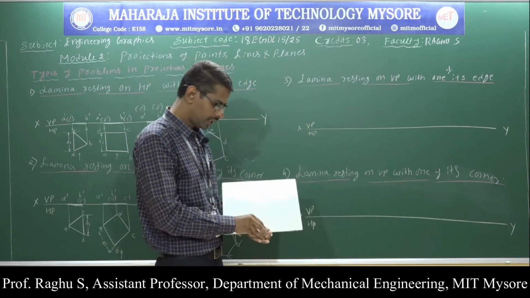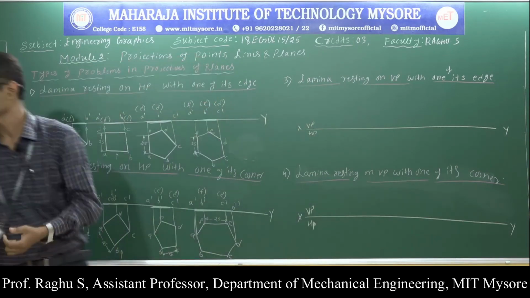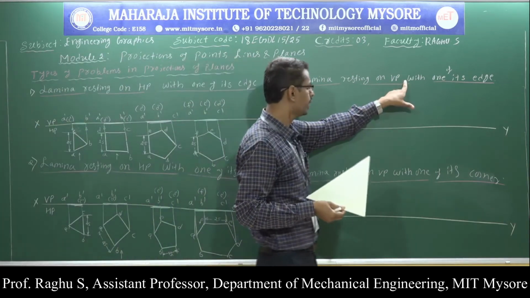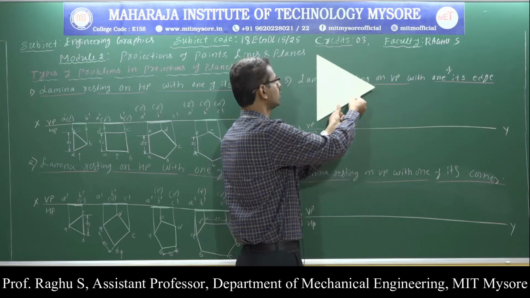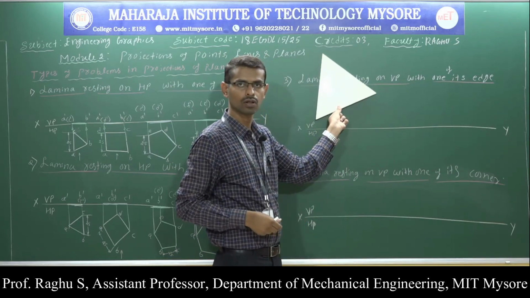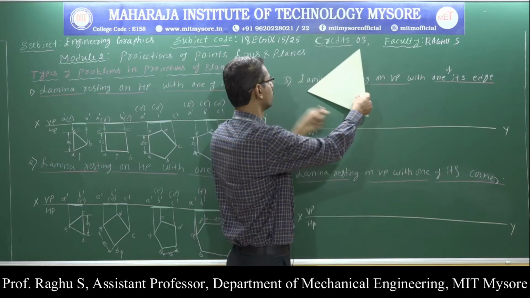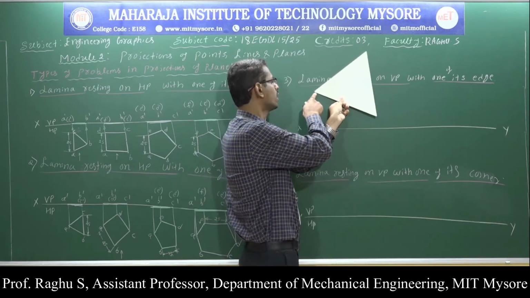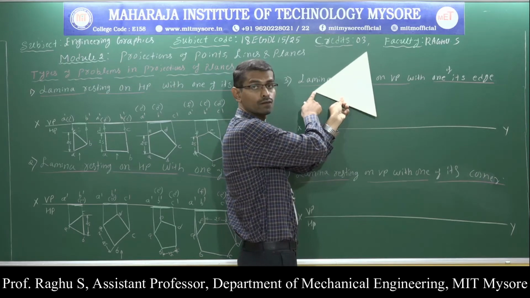Now, take a triangle lamina. The lamina resting on VP with one of its corners is represented like this. Why can't it be like this? Suppose you draw the triangle lamina like this, observe here, the corner comes towards the left side.